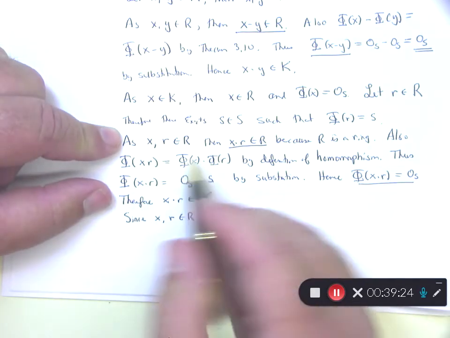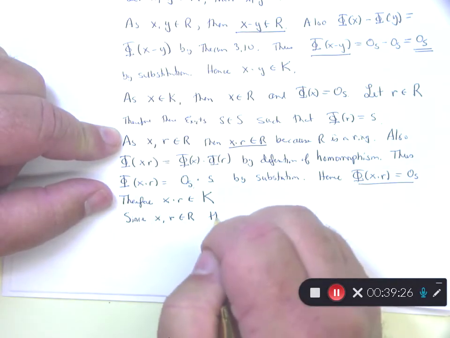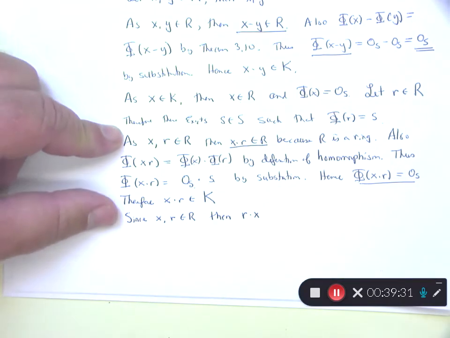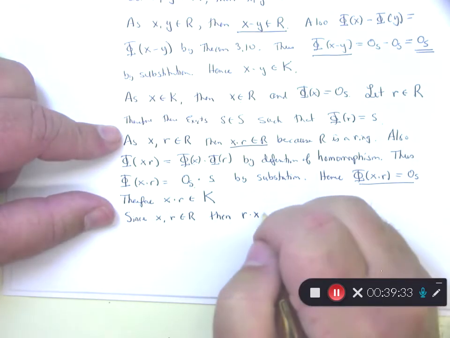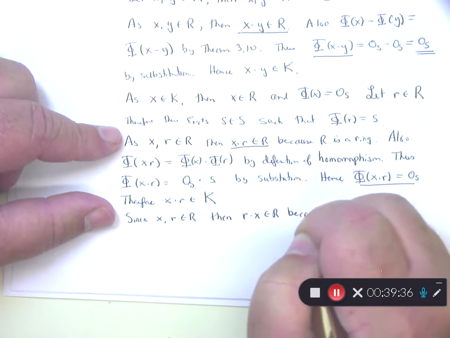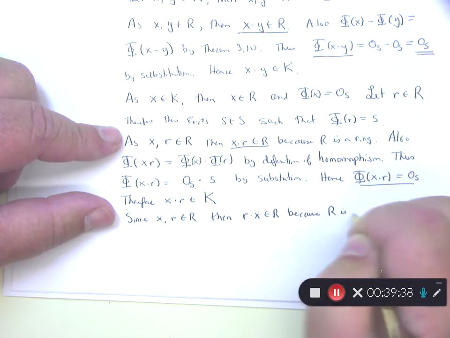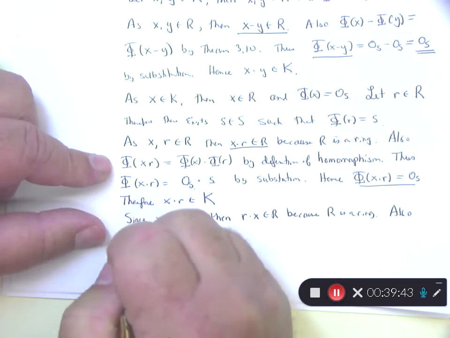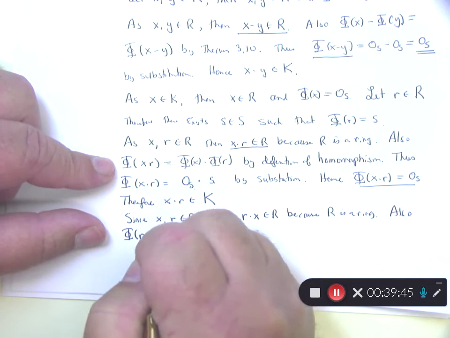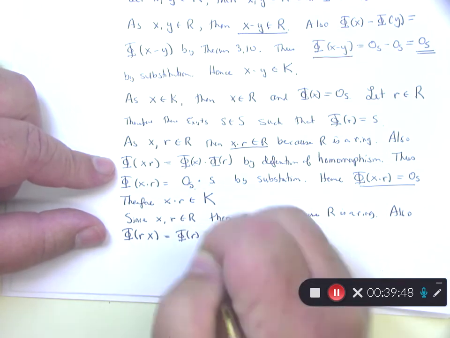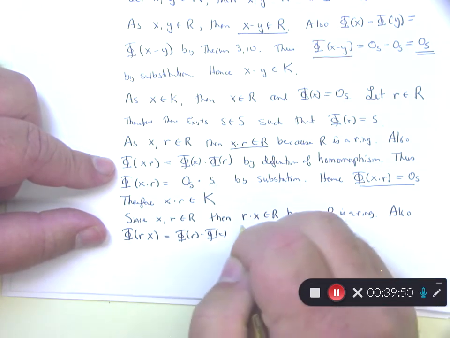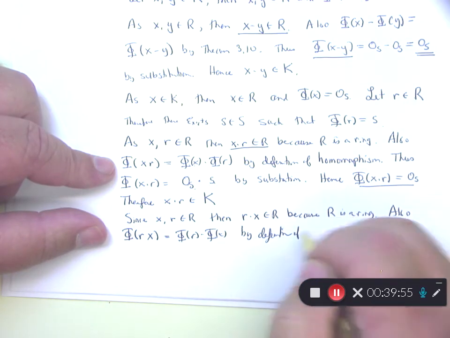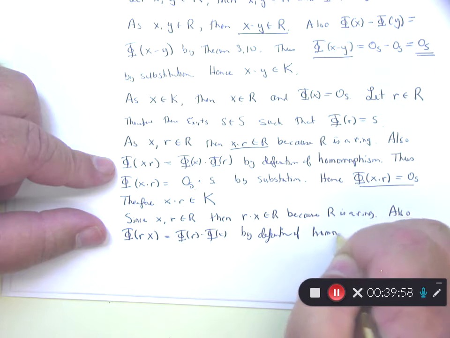So since x and r are elements of R, then r times x, the other way of multiplying these two elements, is an element of R, again, because R is a ring. Also, phi of, just make sure you get the right order, r times x would be equal to phi of r times phi of x by definition of homomorphism.